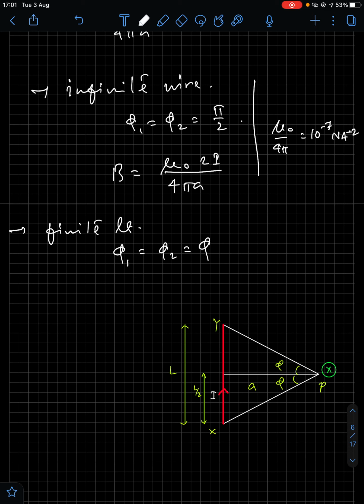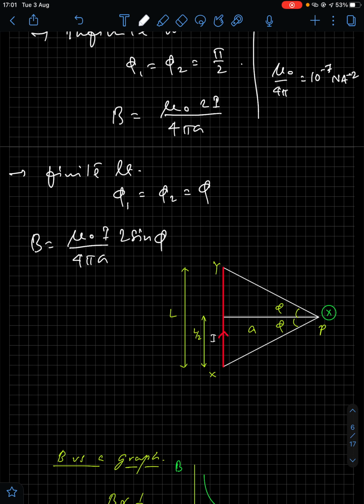Then these two angles are equal. In such a situation, you get B is equal to mu naught I by 4 pi A into 2 sine phi. There's a small derivation here, I'm avoiding that. So the actual relation is mu naught by 4 pi into 2 IL divided by A square root of 4A square plus L square. So this is the relation for finite length.